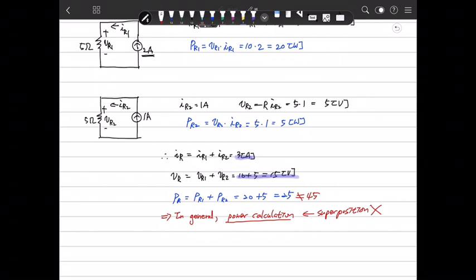Because the current and voltage are a linear system in the electric circuit. But power, physically, is the voltage multiplied by the current. So multiplying two variables is not linear from the viewpoint of the power. So we cannot use the superposition to calculate the power.